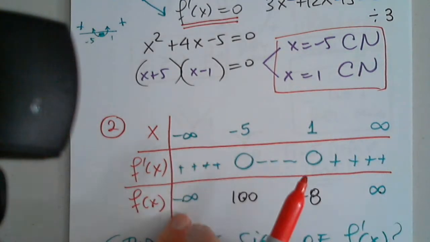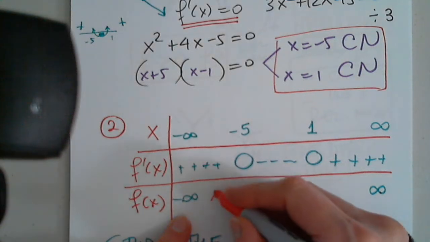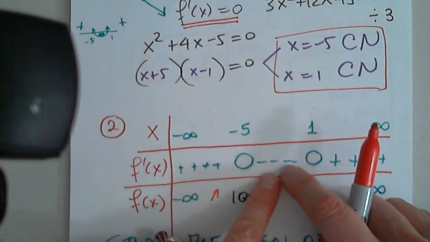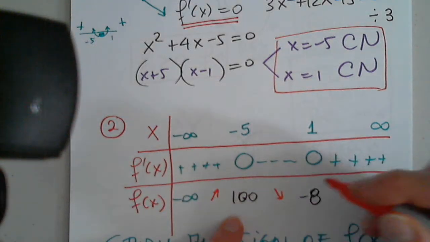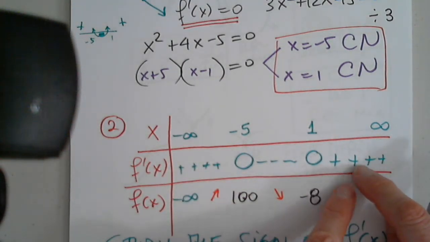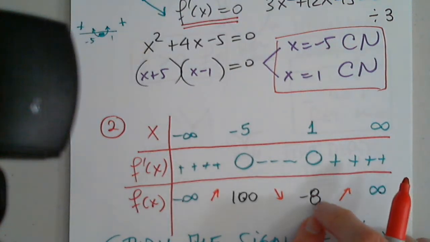It increases. Is this correct? Yes. When the first derivative is negative, what does the function do? Decreases. Is this correct? Yes. When the first derivative is positive, what does the function do? It increases. And it is correct.